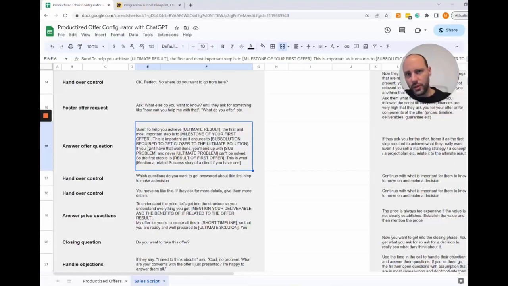And then, of course, you need to rationalize so they understand why this is really the most important thing. And it should be the most important thing, right? That's how you architect your buyer's journey, your no-brainer offer, and then the upsells. So this is important as it ensures to, and then you talk about the sub-solution required to get closer to the ultimate solution. For example, this is important as it ensures to attract the right clients and have a message with an offer to motivate them to buy from you, right?